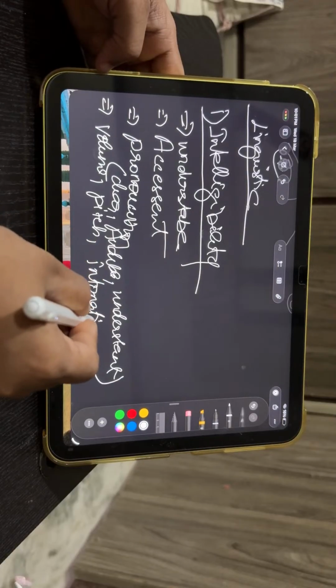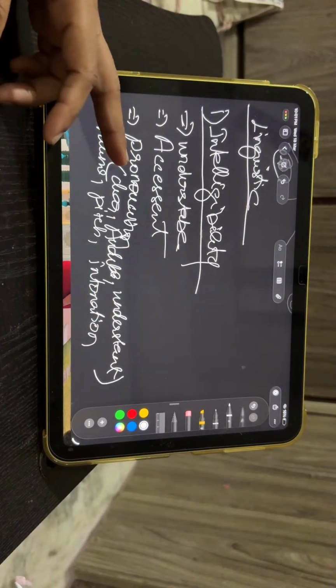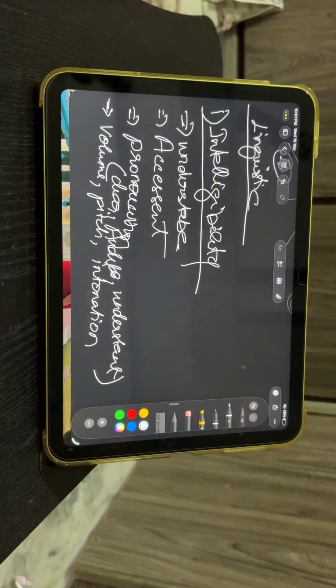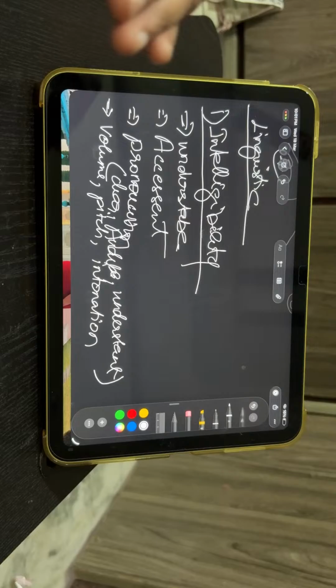Your volume should use a medium tone, not high. Pitch should be medium, not too high, not too low.